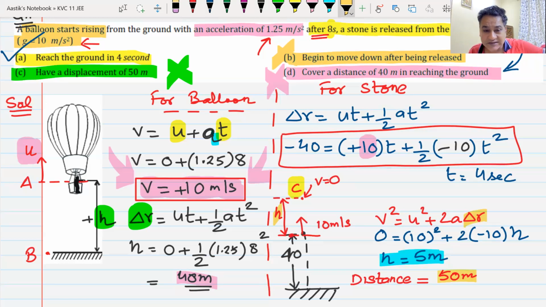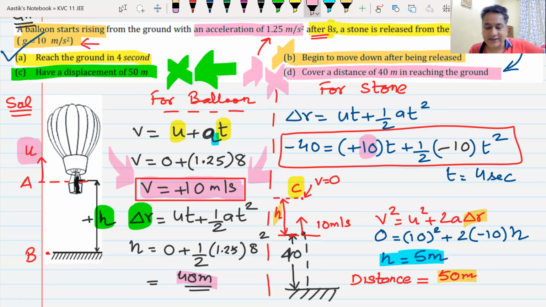So you look at option C and D. The options are given in the reverse order. Option C says displacement is 50 meters. Option D says distance is 40 meters. It should be the reverse. Displacement is 40 meters in the downward direction and distance traveled is 50 meters.